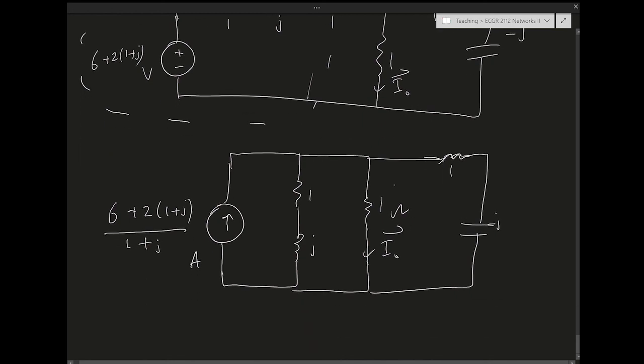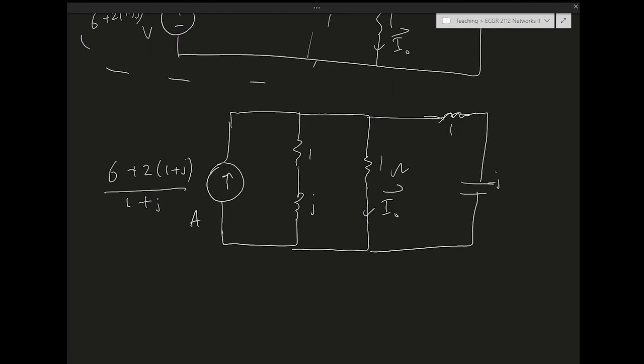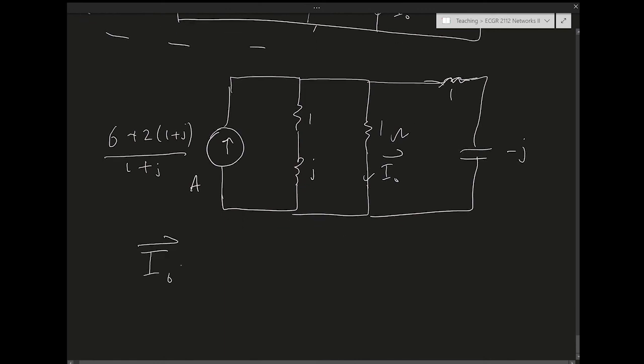Okay, now this we can easily solve using a current divider. This is minus j. In this case, I0 is going to be a current divider. So it's going to be the equivalent impedance of all the branches except the branch we're interested in.